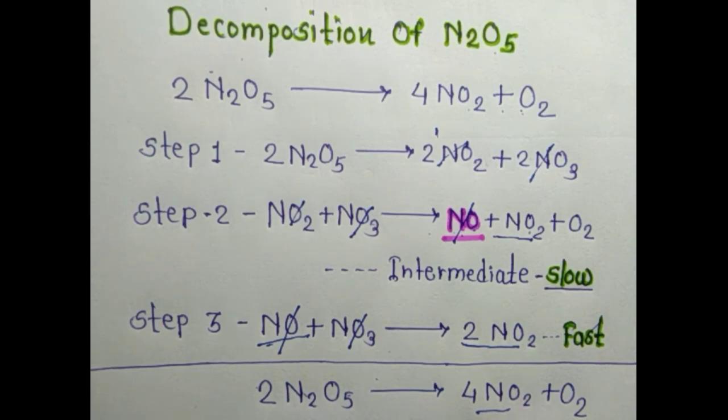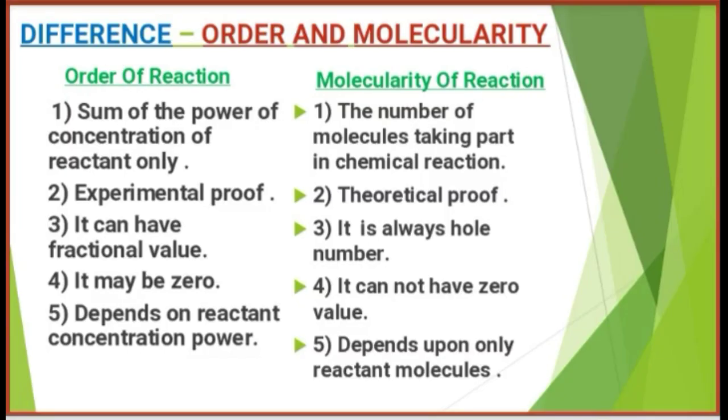The difference between order and molecularity of reaction. Order of reaction is the sum of the powers of the concentration of reactant only. Molecularity of reaction is the number of molecules taking part in a chemical reaction. Number 2, order of reaction is an experimental proof, while molecularity of reaction is a theoretical proof.